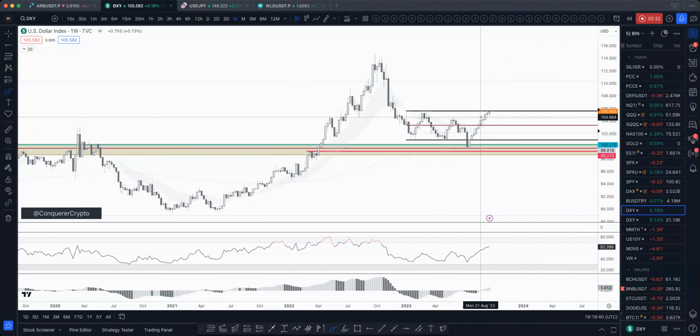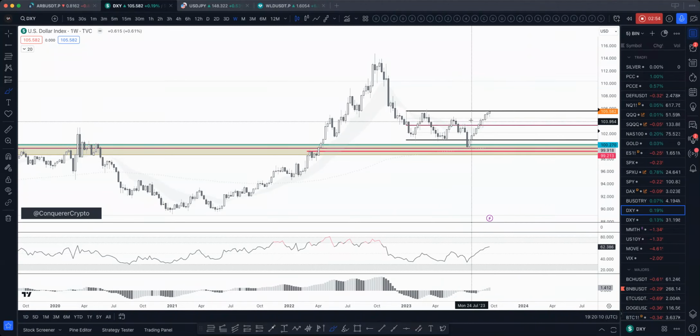This doesn't mean that just because it broke this high, we're automatically gonna switch to an uptrending structure. Why? Because this is just one part of the equation. We still need to have this higher low, and then we have the structure confirmed, right?